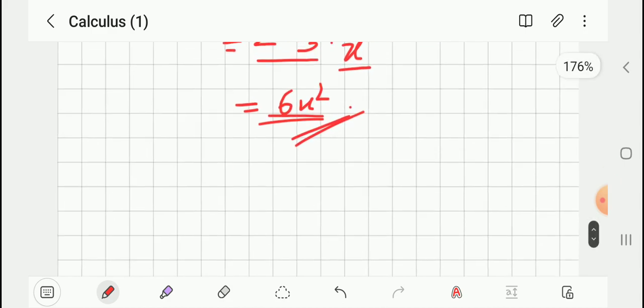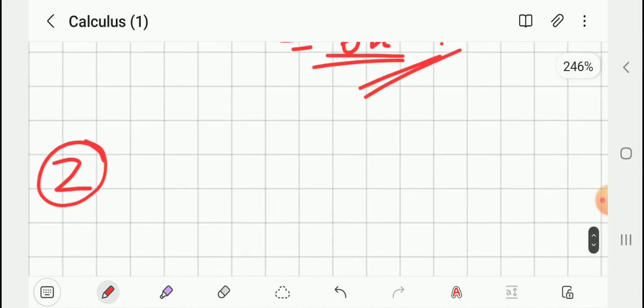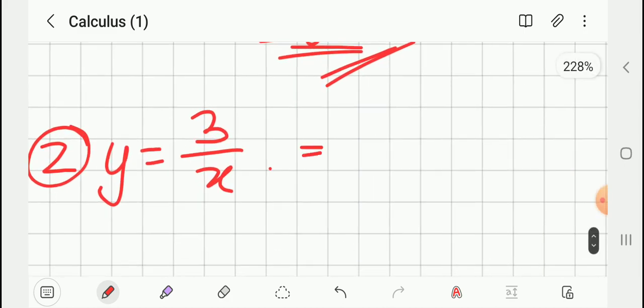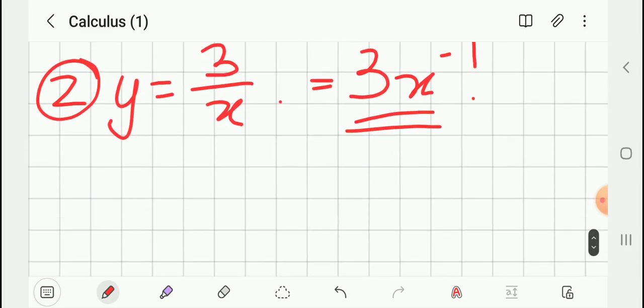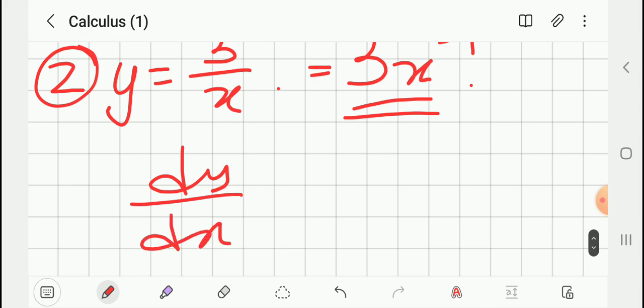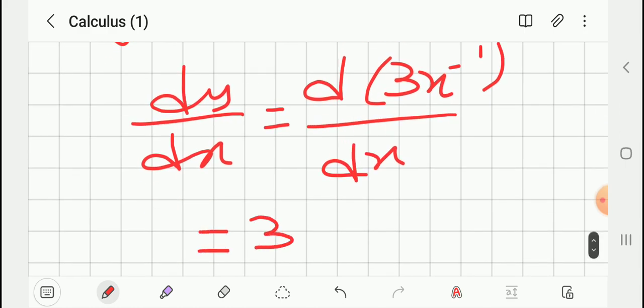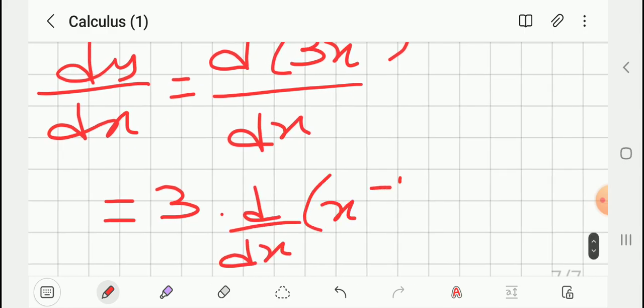Right. Now let's try a bit harder. Next question: y is equal to 3 by x. We can write this as 3 times x to the power minus 1. Same thing, we take the constant out first. So dy by dx is d of 3x to the power minus 1 by dx. We take the 3 out, and we have d by dx of x to the power minus 1.